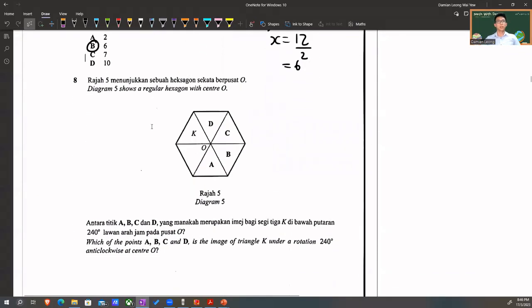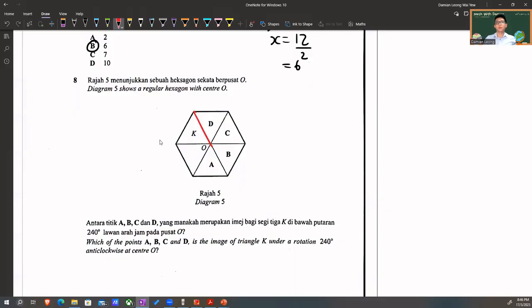Then question 8. I have a regular hexagon with center O. Which of the points A, B, C, D is the image of triangle K, this triangle, under a rotation of 240 degrees anticlockwise at center O? So if I rotate this line 240 degrees, a whole circle is 360.